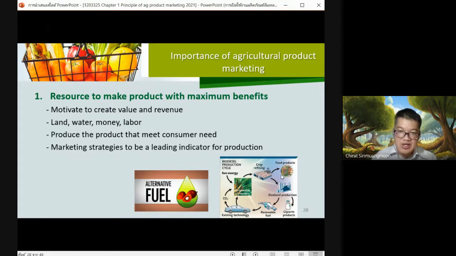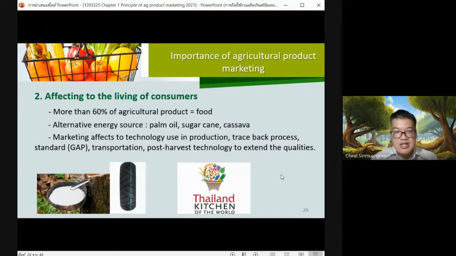So agricultural products marketing can be the key driver to run the business in terms of the process of agricultural products. Then with the good things that we have from the resource, the living of the consumer will be increased, a higher standard too, because we can have good food, we can have good resources, so we can have good money, we can have good health in this case.